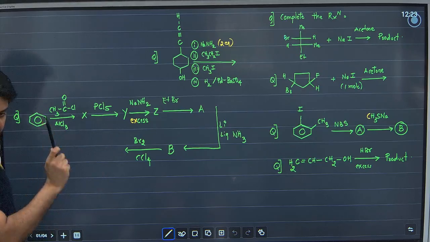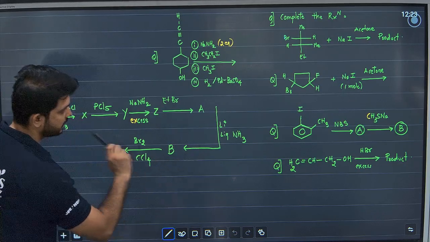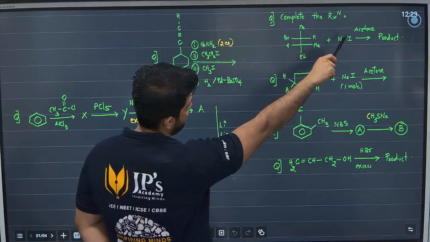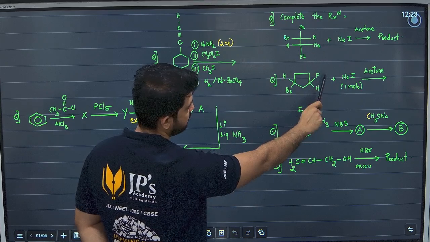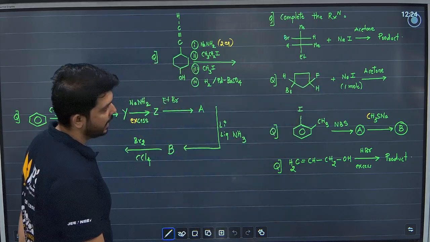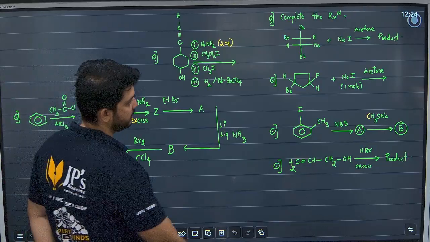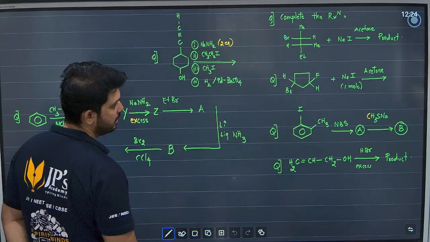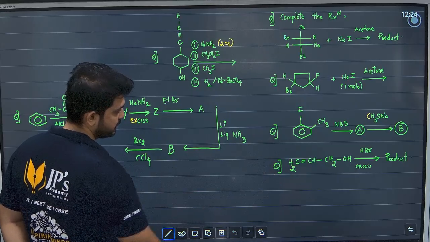NaNH2 रिमेंबर 11th स्टैंडर्ड का वो रिएक्शन है, एलिमिनेशन. यस, ठीक है. तो इसको कंप्लीट करने ट्राई करना. दिस क्वेश्चन एंड ये देखो, द फर्स्ट टू क्वेश्चन ये जो है NaI, सो दिस इज फिंकलस्टीन्स, ठीक है. तो फिंकलस्टीन रिएक्शन है, दोनों ध्यान से करना, प्रोडक्ट बराबर बनाना. रिमेंबर इन्वर्जन ऑफ कॉन्फ़िगरेशन, ये वाला क्वेश्चन और ये वाला क्वेश्चन भी करना.